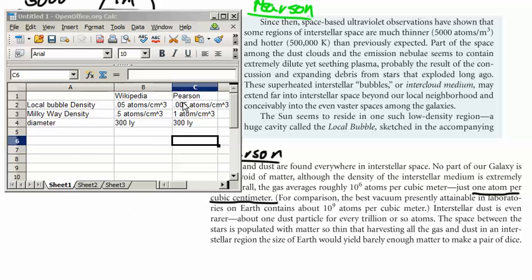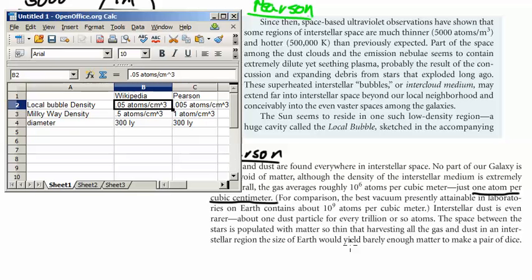So this is kind of interesting because by Pearson's account, the bubble, or ordinary space, is 200 times denser than the bubble space, while by Wikipedia's the factor is only 10 times as much.